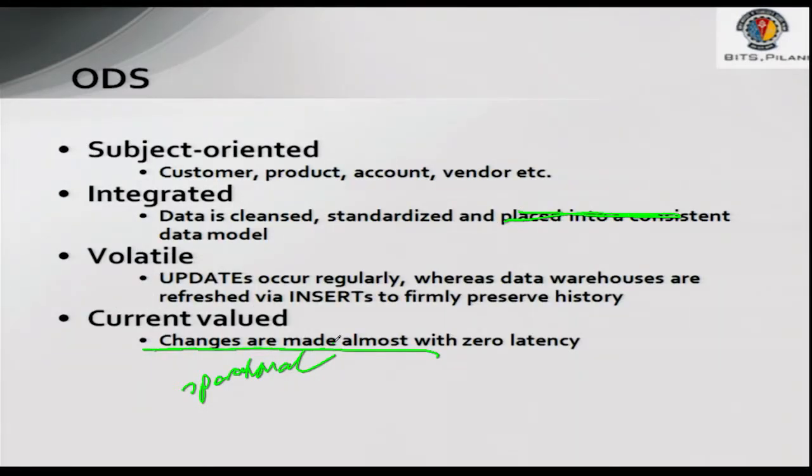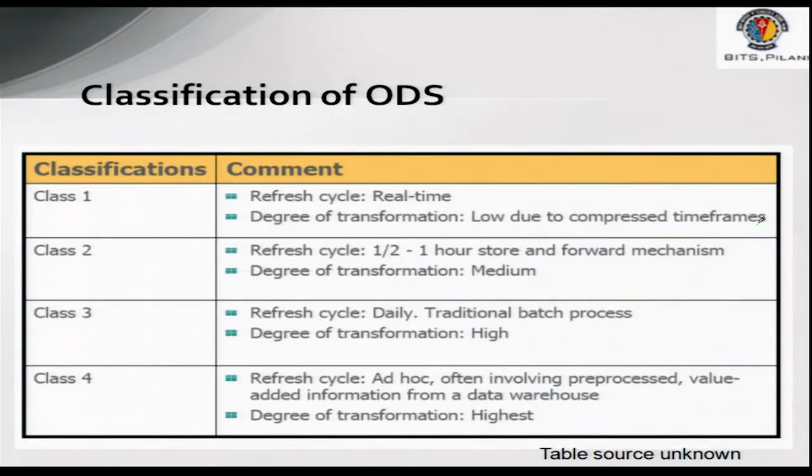Subject oriented. I think I have already explained all these points to you, so I'll skip through this. Now let me come to the classification of ODS. There are basically 4 kinds of ODS that we need to learn about. Class 1: you can see that the refresh cycle is real time.